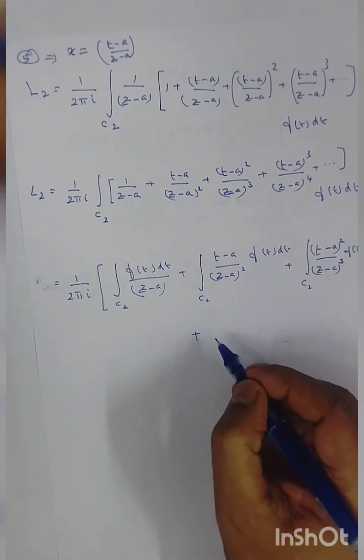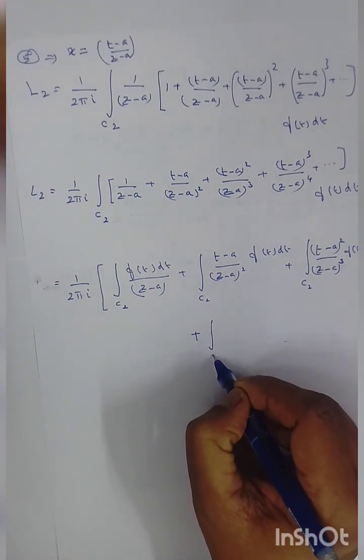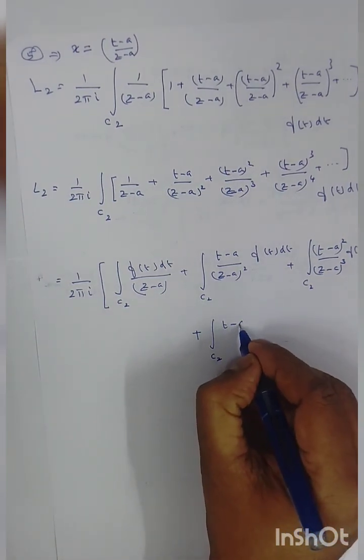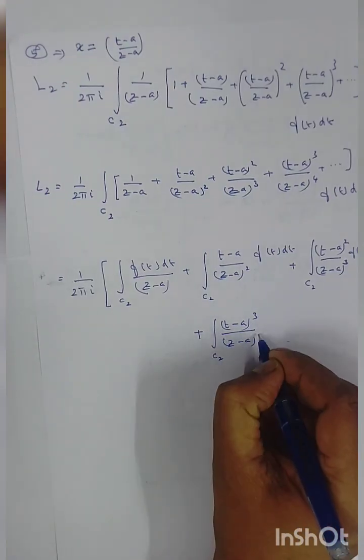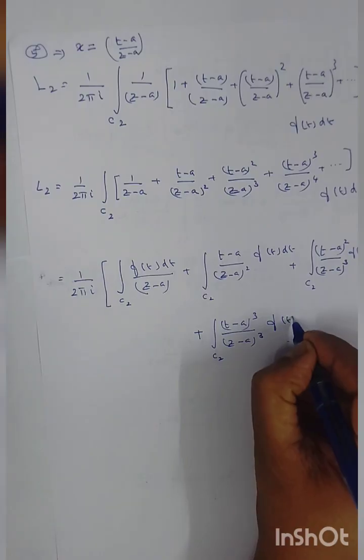The last term will be C2 (t minus a) the whole cube divided by (z minus a) the whole cube f of t dt.